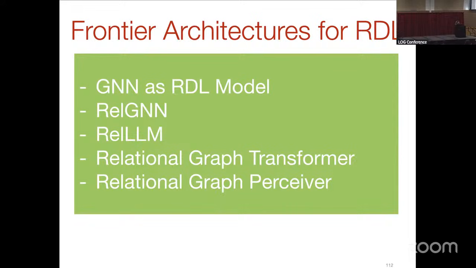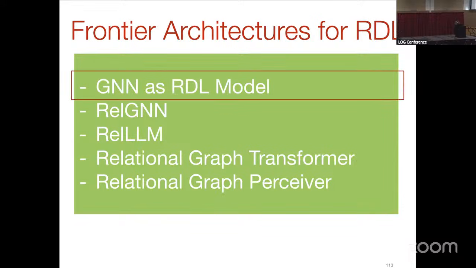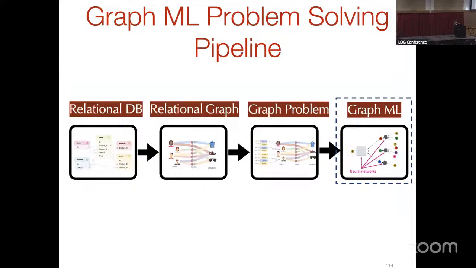And I'll conclude with graph transformers and graph perceivers, which are recent graph transformer based architectures for relational deep learning. Some of these are also used as representation backbones for relational foundation models recently. So let me start with the overview so far.